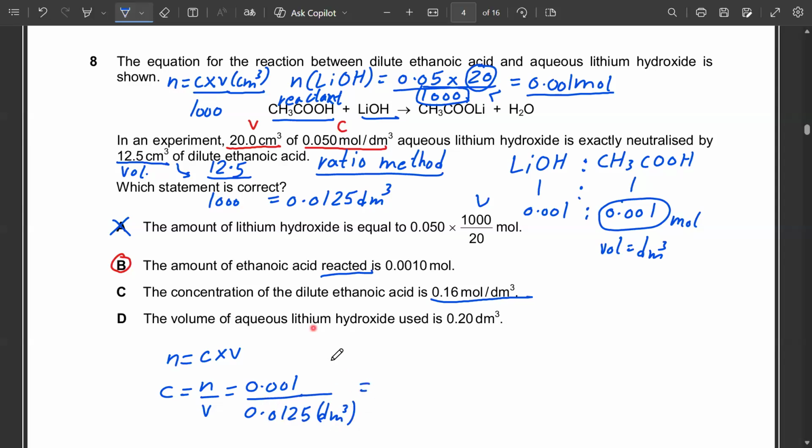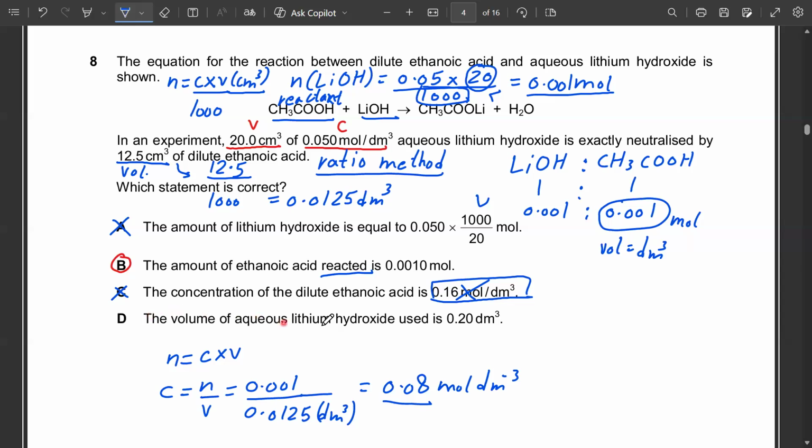If you do the calculation, your answer will be 0.08 mole per dm cube. However, in this option, it says 0.16, so that is incorrect. It would be 0.08. Although it's not a correct option, we have to validate the option.